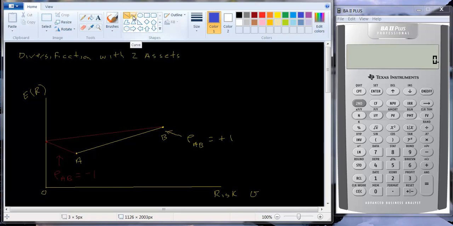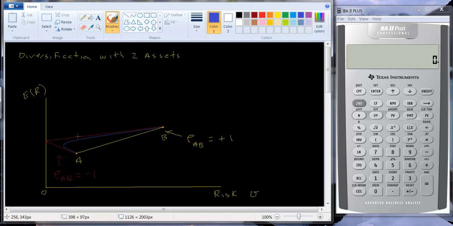I want to use the little curve thing. It's going to look a little bit funny. Okay, so I'm going to draw A and B together, so they're on top of one another, and then I'm going to try and bend this. And this is what it looks like. It curves back.